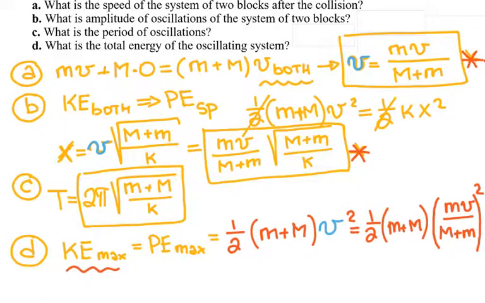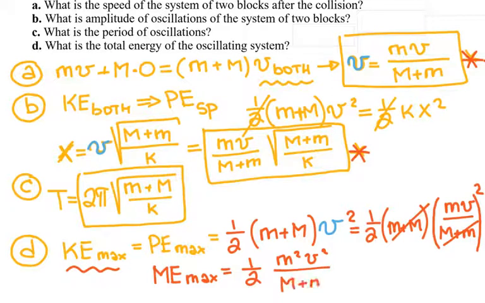After I simplify, I can also say total mechanical energy, or maximum mechanical energy, or the maximum energy of the system is equal to 1/2, and one of the masses can be cancelled, and then I have m squared v squared over m plus m. So that will be the total energy of the system.